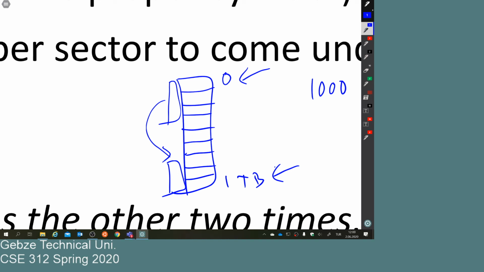So for 100 gig, that means it is 750 times. Let's say it is 100 gigabytes, so around 625 times. We don't have these kind of numbers for hard drives.